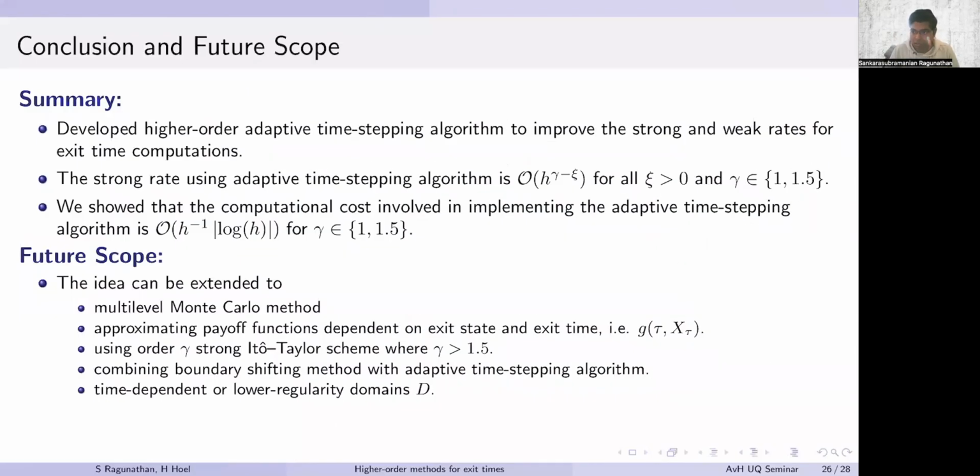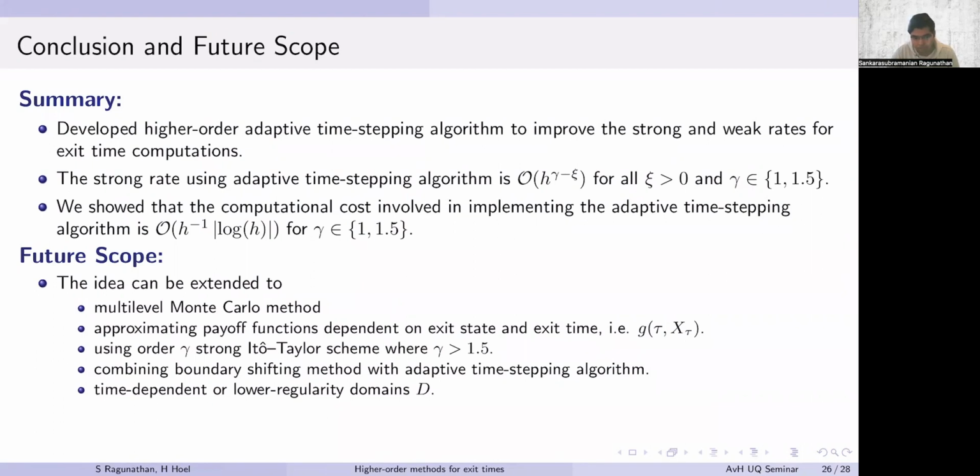So in order to summarize what has been shown so far, we developed a higher order adaptive time stepping algorithm in order to compute the exit time of Ito diffusions. We were able to show that using adaptive time stepping with a suitable choice of critical regions, you can improve the strong rate as well as the weak rate associated with exit time computations.